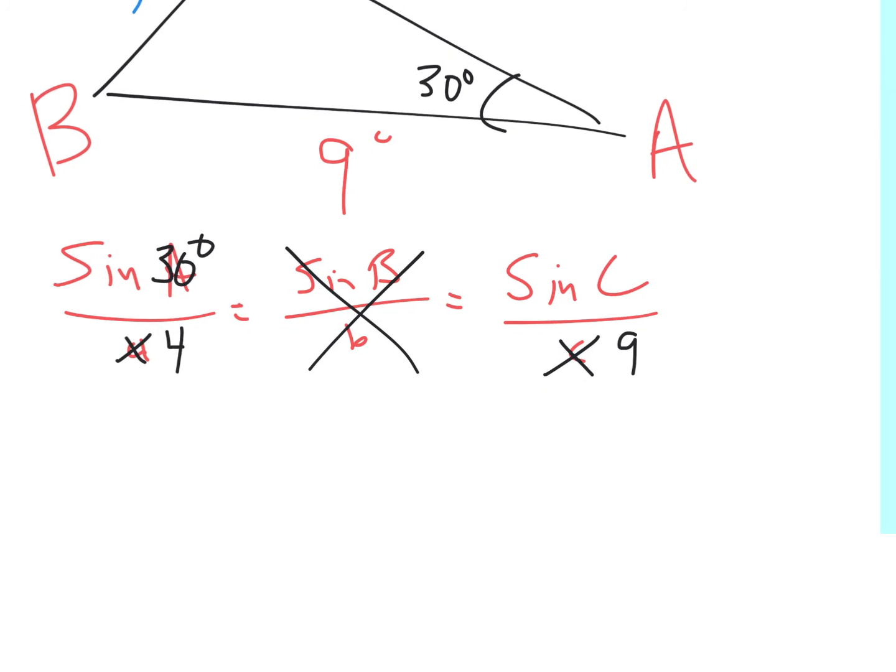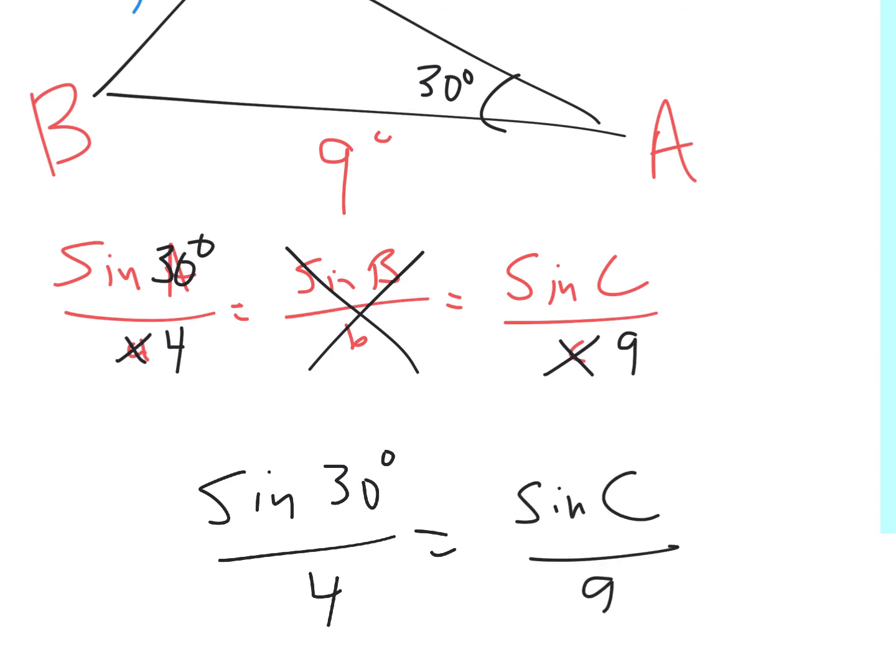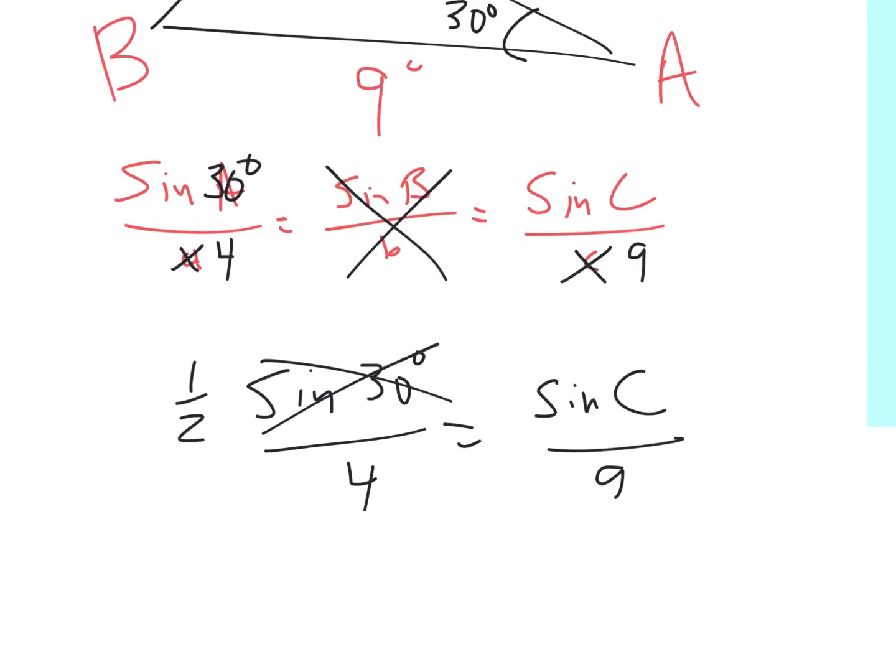Now I'm going to rewrite this thing. Sine 30 over 4 equals sine big C over 9. Sine 30, I told you was going to come out to what again? 0.5, 1/2. Okay, and what is 1/2 divided by 4 over 1?